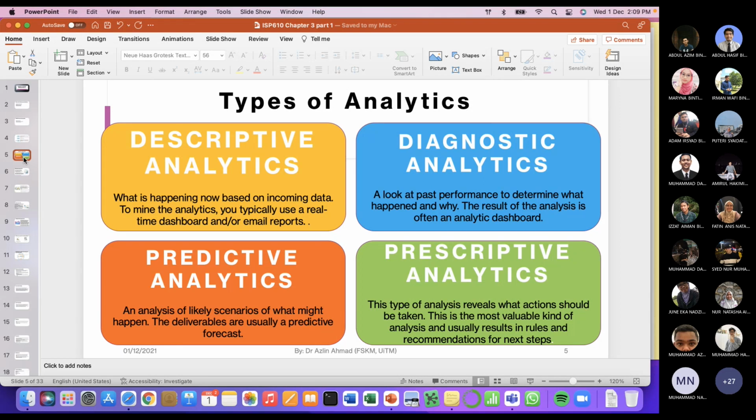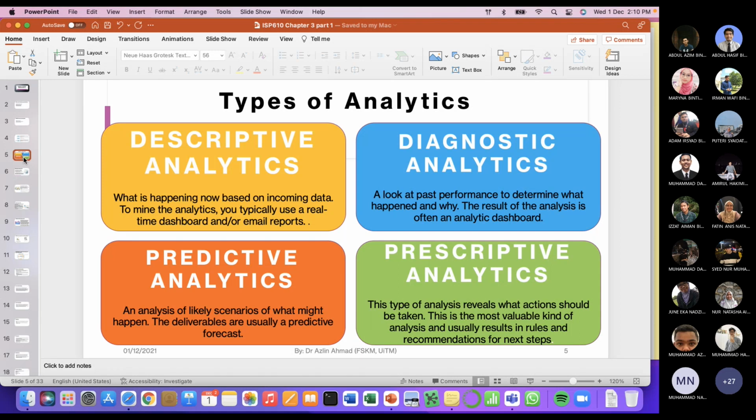And then the second one is diagnostic analytics, where we look at the past performance to determine what happened and why. So we try to investigate why the data behave like that. The result also must be shown in a dashboard or in reports. Sama. That's why some people combine descriptive analytics and diagnostic analytics together.